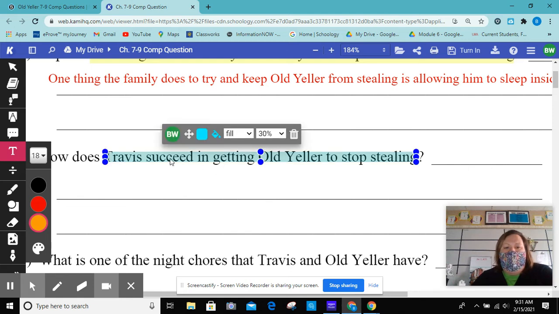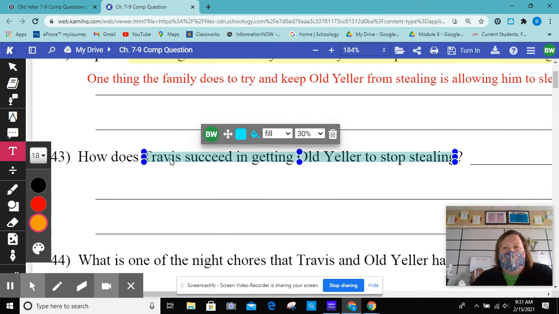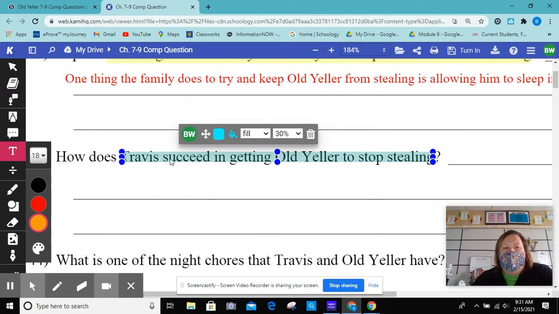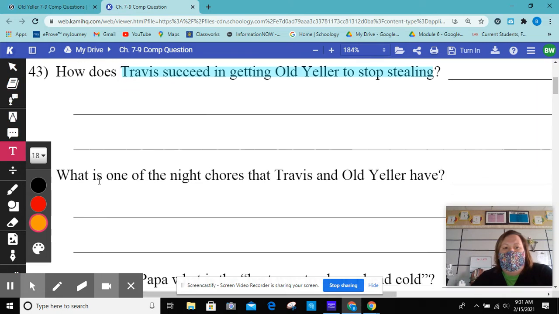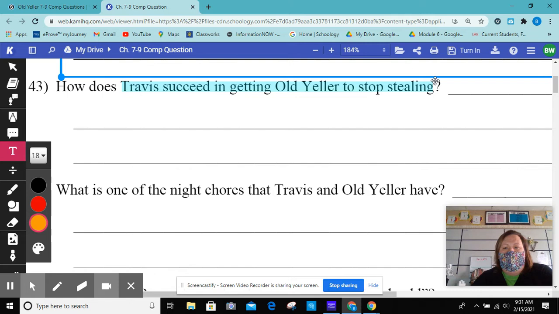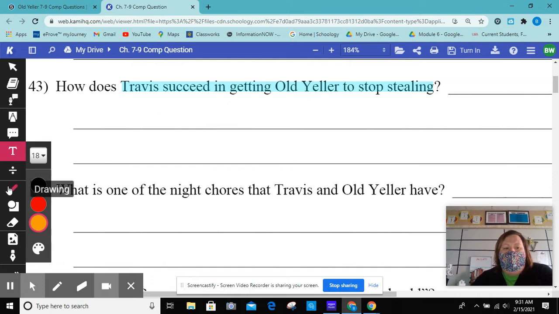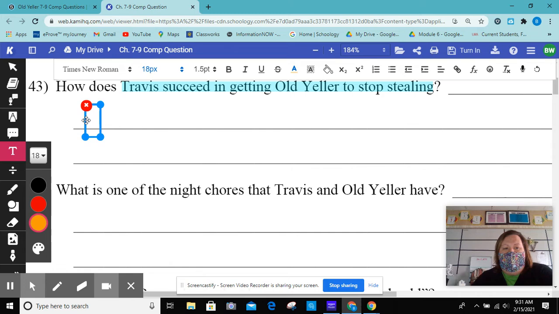Did I just delete that? Lord. Where's my undo button at? All right, well, I deleted that on accident.